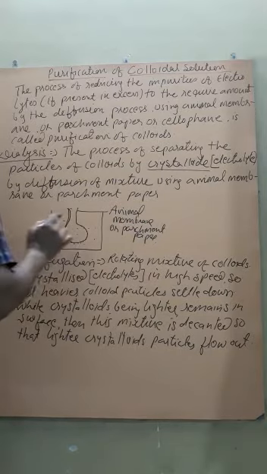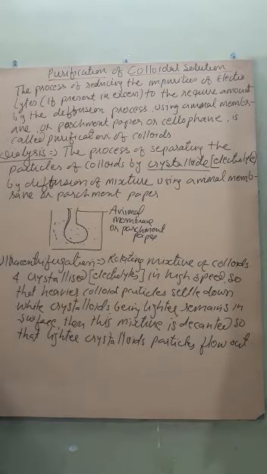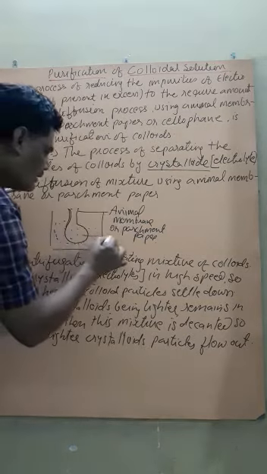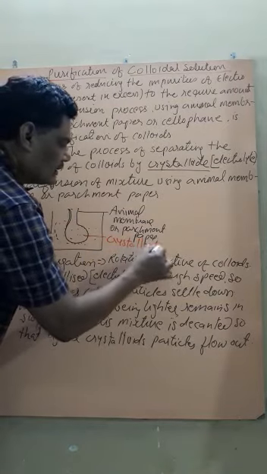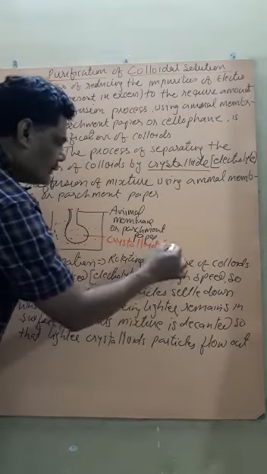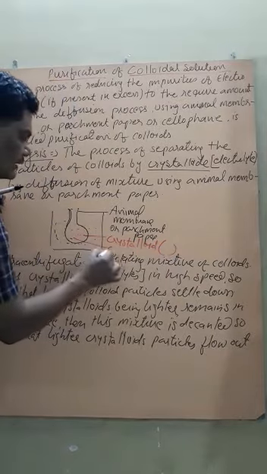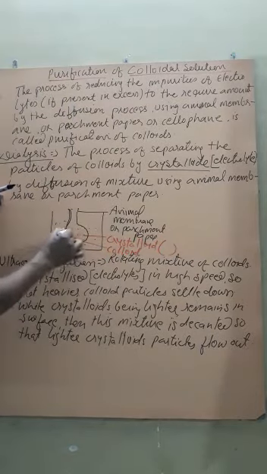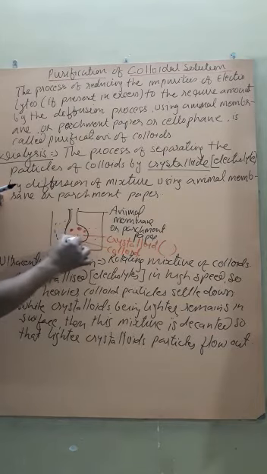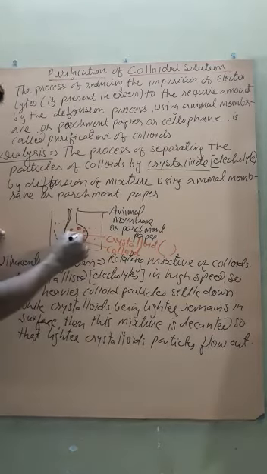Now inside there is a mixture of crystalloid and colloid. Crystalloid means electrolyte. The colloid particles are big in size, while the crystalloid particles are small in size.